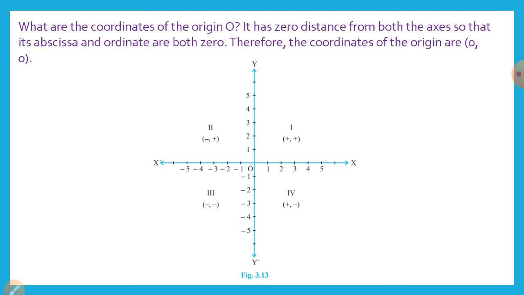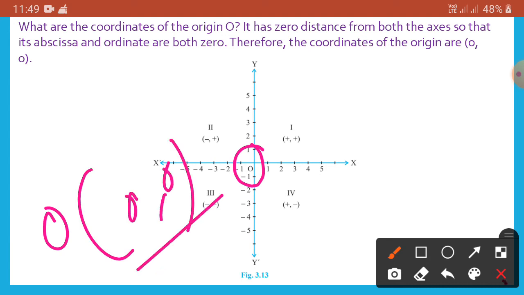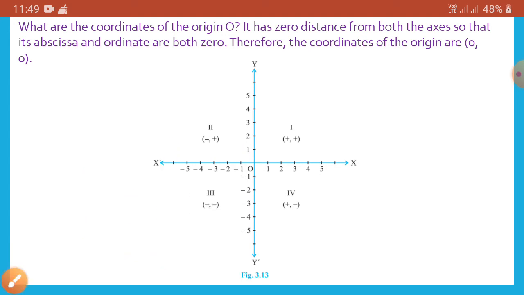So the coordinates of the origin O will be (0, 0). So in the examples already given, you may have observed the following relationship between the signs of the coordinates of a point and the quadrant in which it lies.